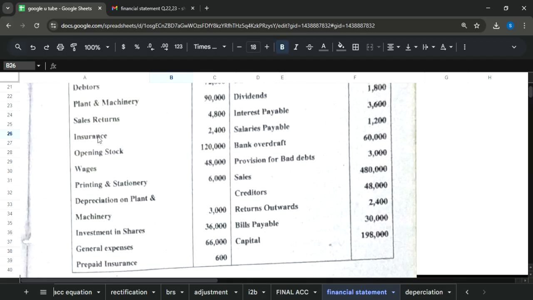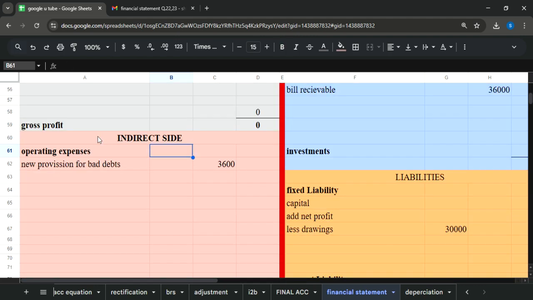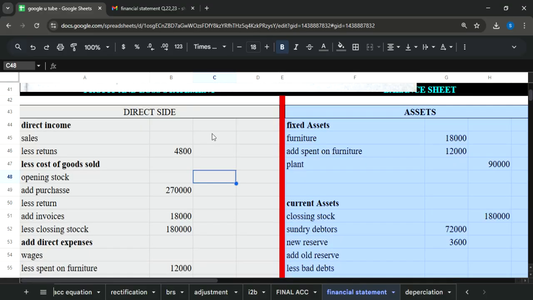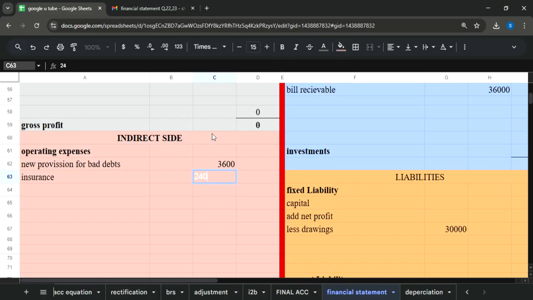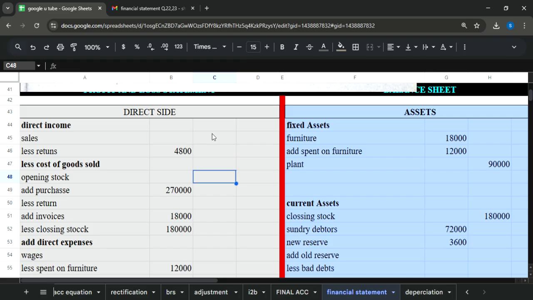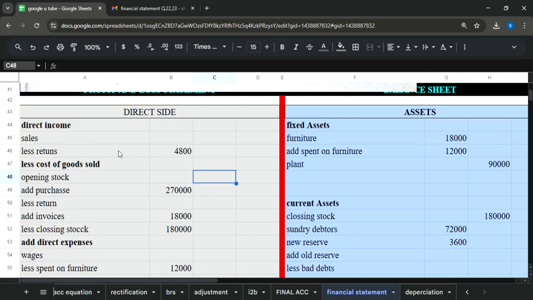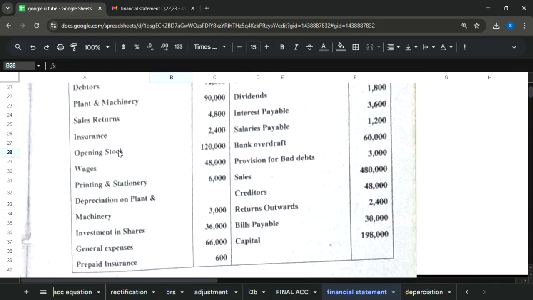After sales return, we have insurance, which is part of operating expenses. Mention insurance over here. The amount of which is 2400. Then after insurance, we have opening stock, which is already mentioned over here. 120,000 was opening stock. Look here, opening stock 120,000.